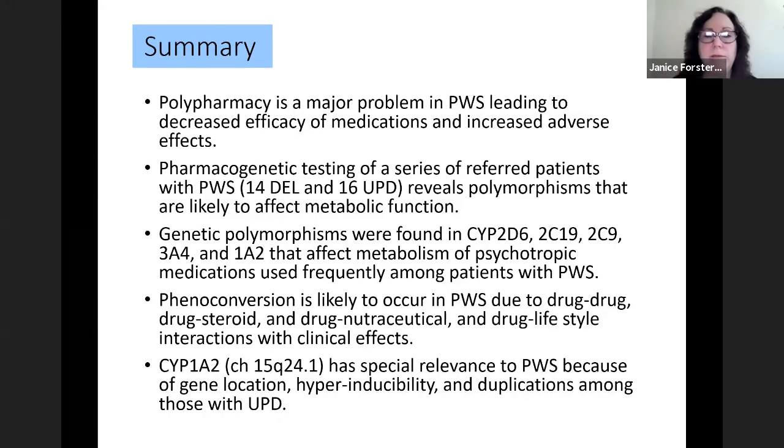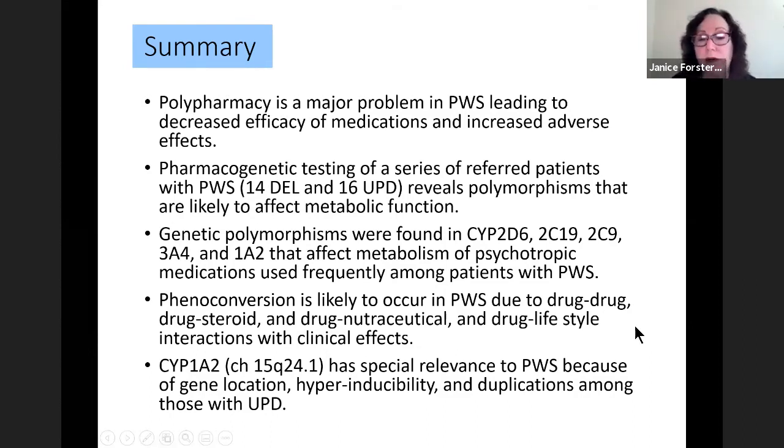Okay, so in summary, polypharmacy is a huge problem in PWS, leading to decreased efficacy of medications and increased adverse effects. The pharmacogenetic testing of a series of our referred patients with PWS reveals polymorphisms that are likely to affect metabolic function. Genetic polymorphisms were found in almost all of the cytochromes that affect metabolism of psychotropic medications that were used frequently among patients with PWS in the NIH PWS registry.